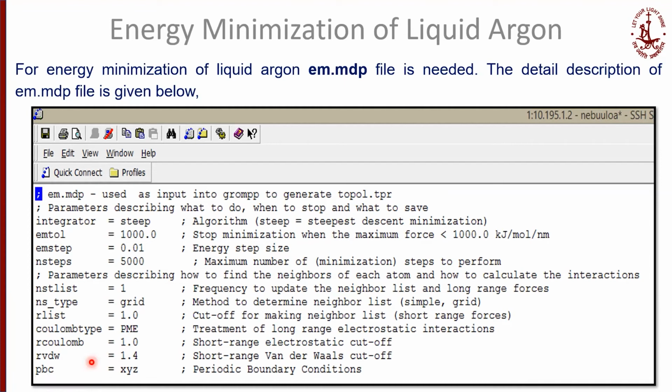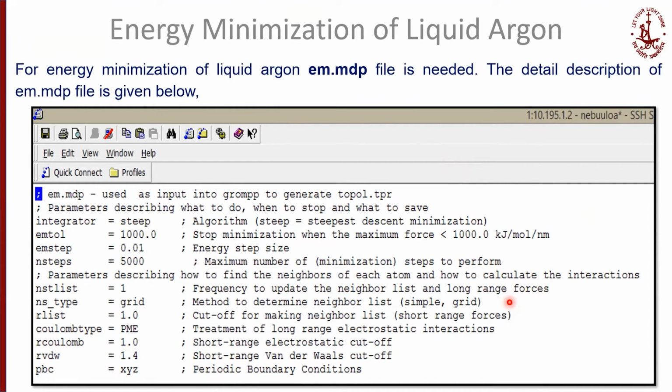Then PBC. PBC is equal to XYZ. PBC is periodic boundary condition. Suppose you have a box here in the center. During your simulation, it may happen that one molecule from your box may step out. So your number of molecules may decrease. In order to make the number of molecules constant in your simulation, periodic boundary condition is used. What does that mean?